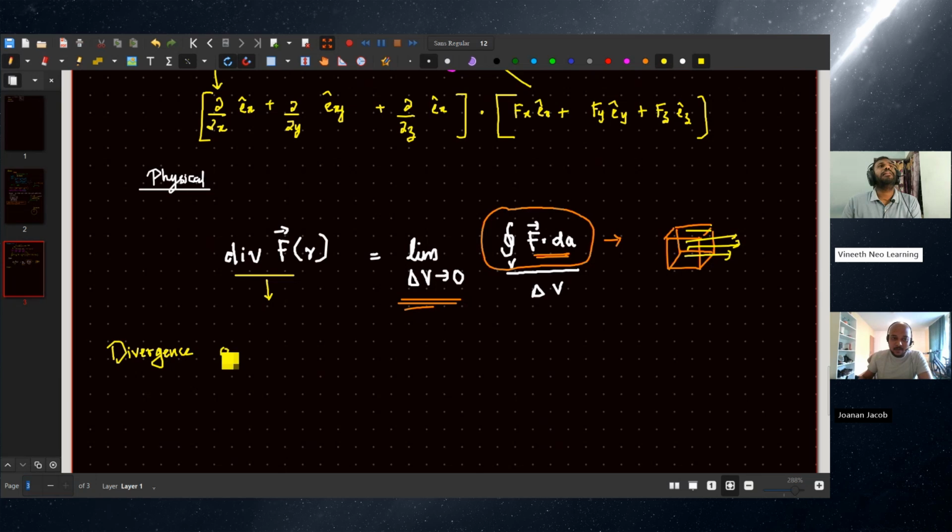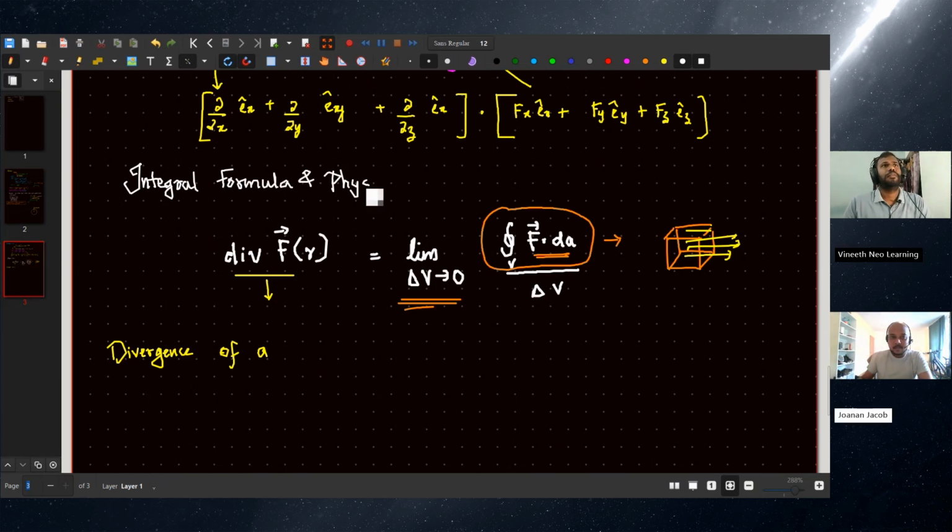You should write the integral formula before that. I'll write it. Just delete that physical and write the integral formula of divergence and physical meaning.